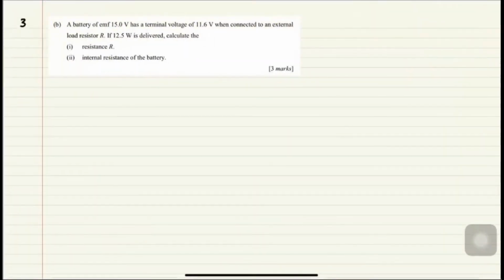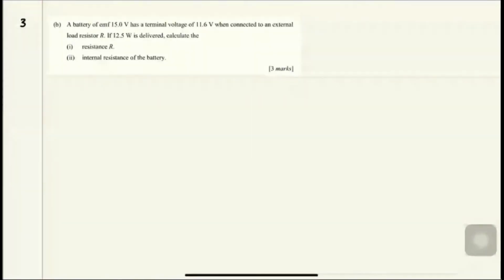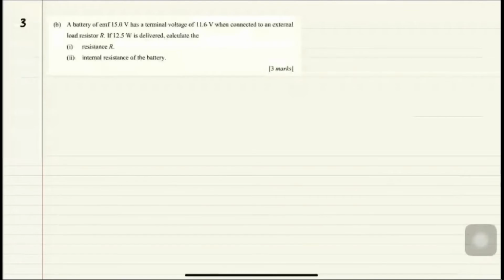The 3B: the battery of EMF 15 volts has a terminal voltage of 11.6 when connected to an external load resistor R. Okay. So if 12.5 watts is delivered, calculate the resistance R and the internal resistance of the battery. So the 12.5 is actually the power.